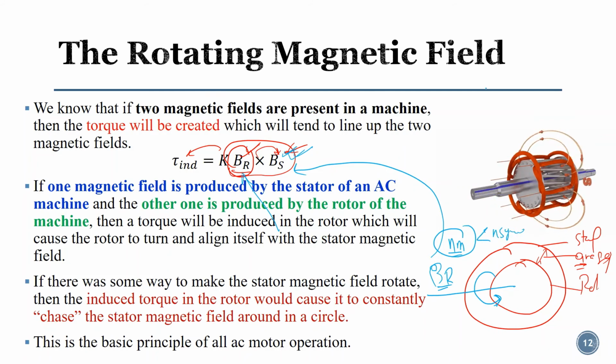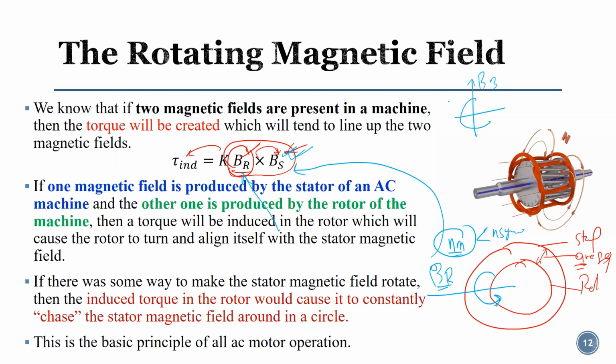For example, this is my stator magnetic field, and it is rotating with the synchronous speed. Then the rotor magnetic field, which is eventually produced and which becomes the cause of the rotation of the rotor, will always be less than the synchronous speed.